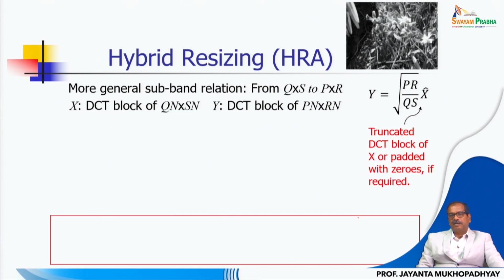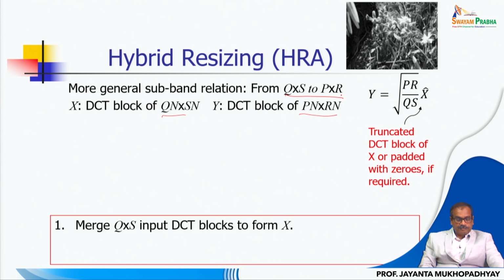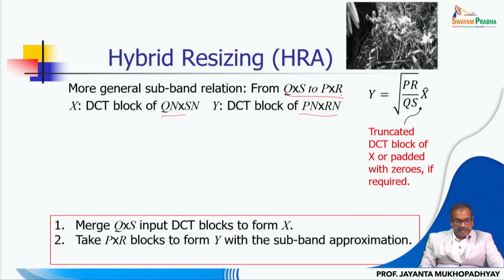You see that n cross n remains as a multiple because you would like to finally convert them to a set of n cross n blocks. This resizing operation commensurates with these operations. So what we do is merge Q cross S input DCT blocks to form X, then take P cross R blocks to form Y with the subband approximation.